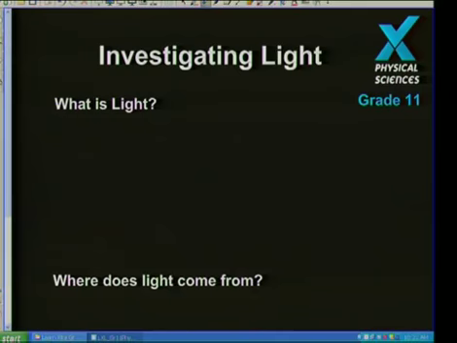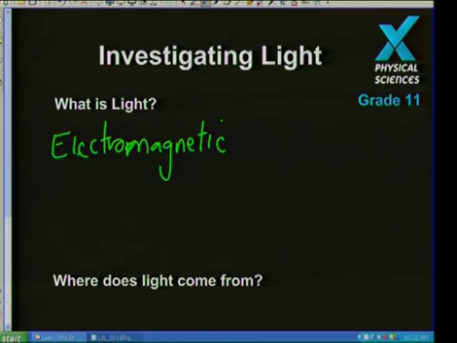So let's begin right from the beginning and recognize that first of all, light is part of the electromagnetic spectrum. So it's electromagnetic radiation, and we can therefore say it's part of a set of waves, electromagnetic waves.